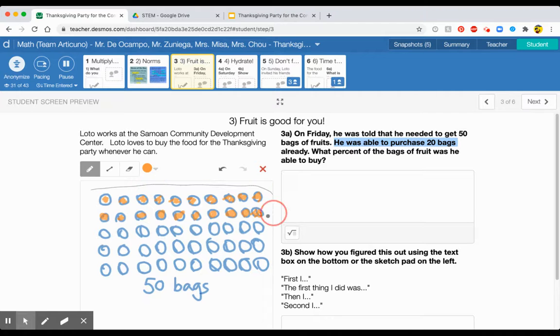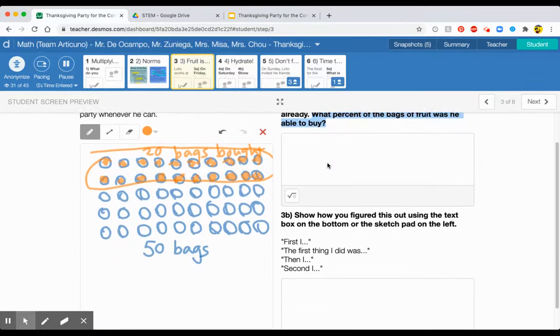These are the 20 orange bags that he bought. 20 bags bought. 50 bags he needed to buy, but he only got 20 of them. What percent of the bags of fruit was he able to buy?